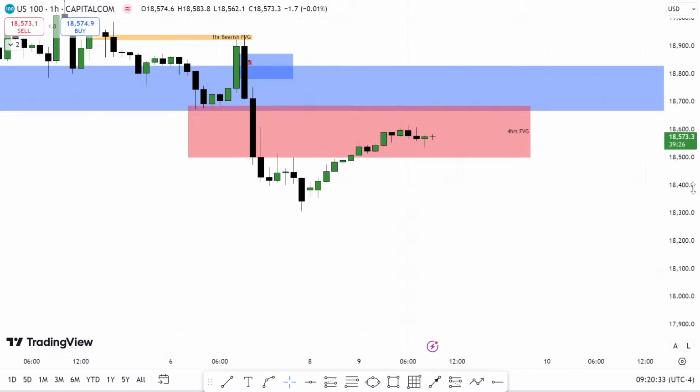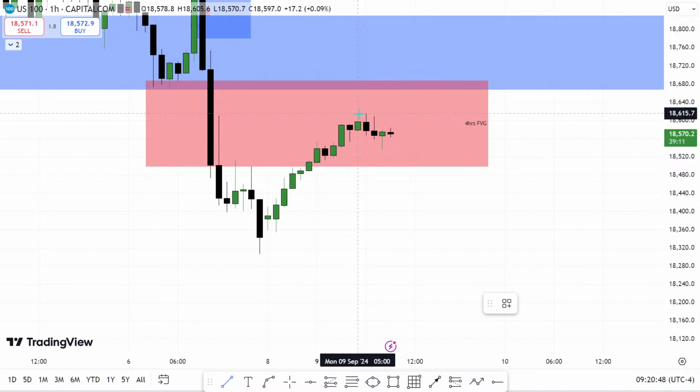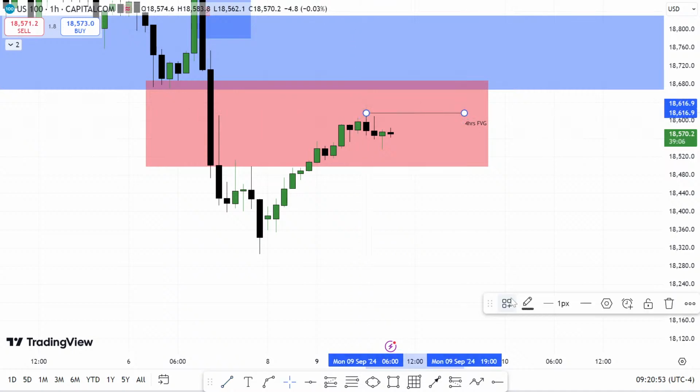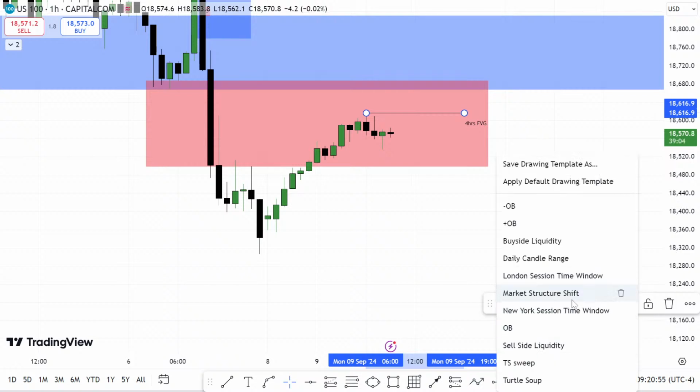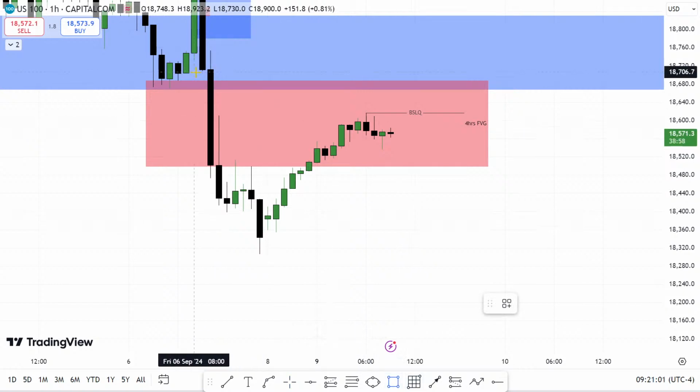Alright, we have a buy side liquidity resting above here. If this bearishness is going to hold heavy to the downside, I want to see it take out this buy side first, probably during the 9:30 opening bell. So I want to see it take out that buy side, and then we have a bearish fair value gap just right here.